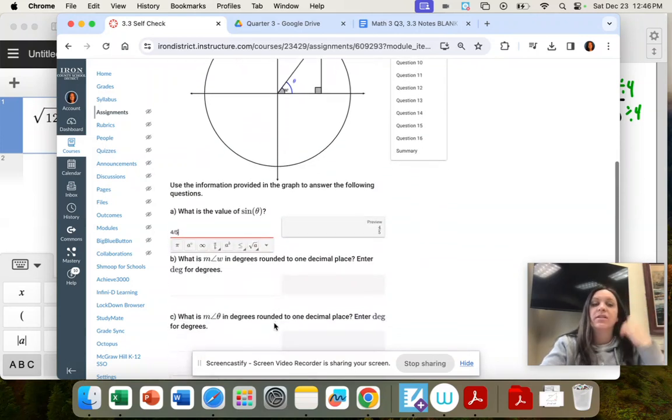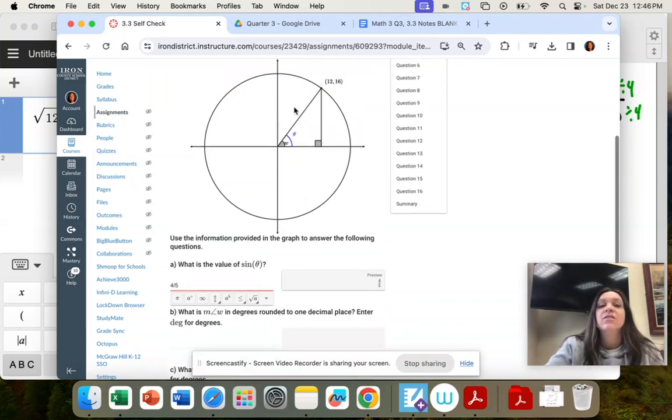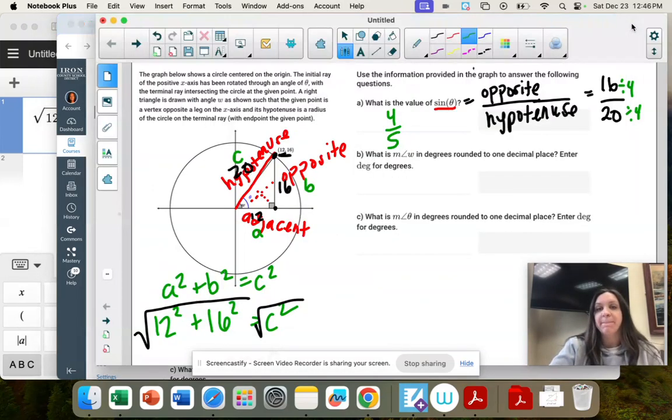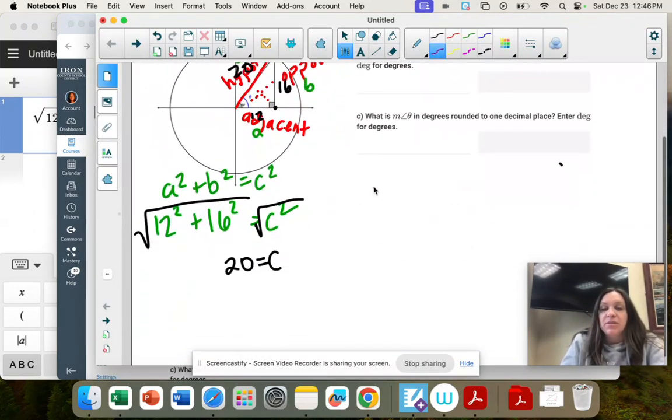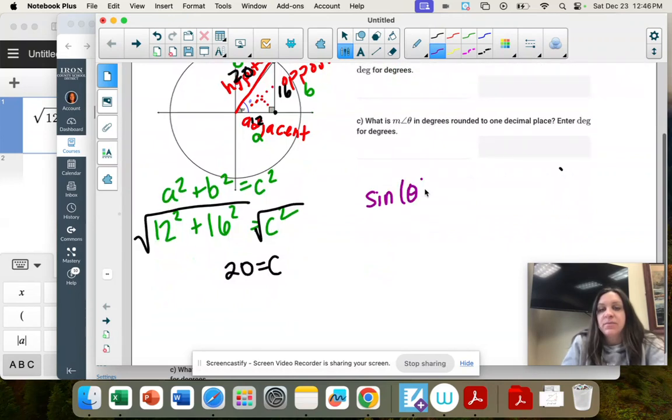Now it's saying what is the measure of angle W in degrees, rounded to one decimal place, and then what's the measure of angle theta? And because our triangle's in the first quadrant, they're the same, which is nice. So to solve for an angle, we take our value that we already found. We found sine of theta equals 4/5.